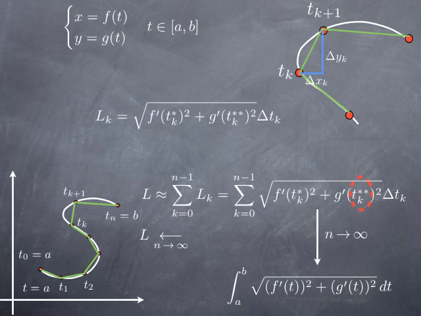Anyway, it is not hard to believe that as we increase the number of subintervals, in other words, when the maximal length of the subintervals goes to 0, this is going to approach the integral from a to b of the square root of f prime of t squared plus g prime of t squared. And so this is what we're really going to take as a definition of the length of the curve.